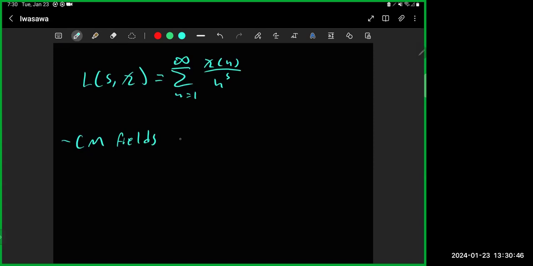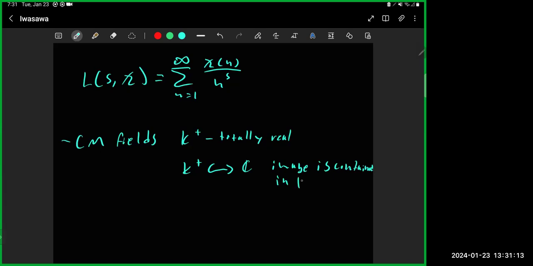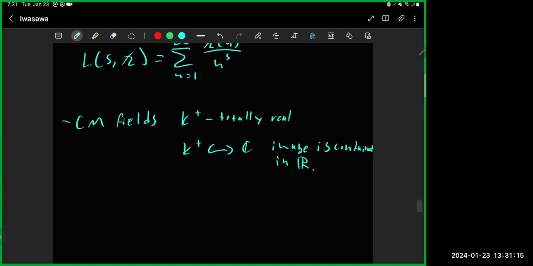CM fields consist of two parts. Firstly, you have a field called K plus that's totally real. What that means is that all the inclusions of K plus into C have their image contained in R. Okay, and over that, what we have is K. This is some overfield over K plus, and K is totally imaginary.